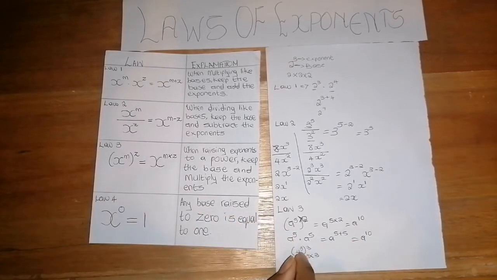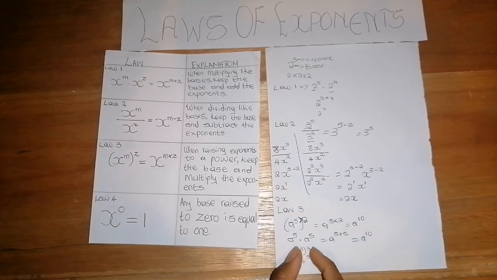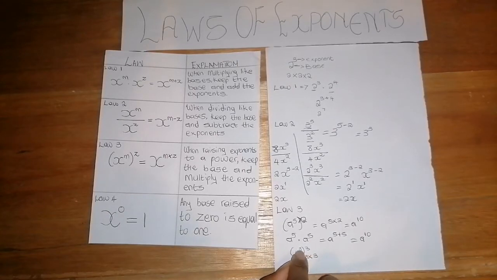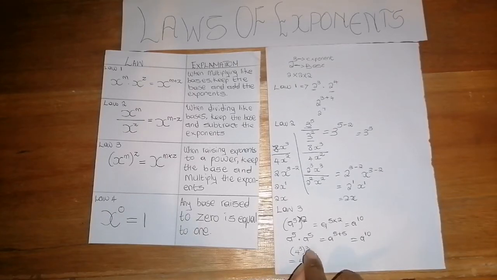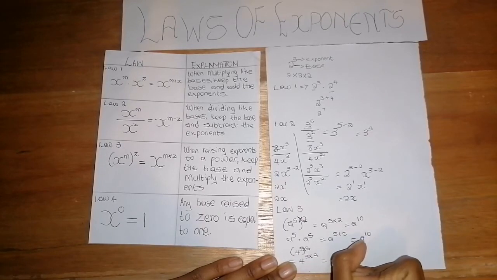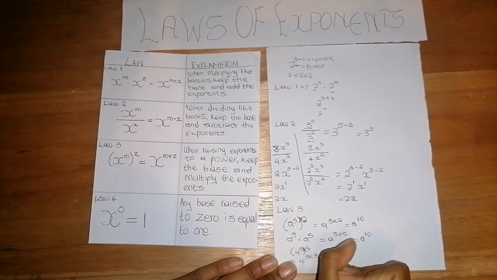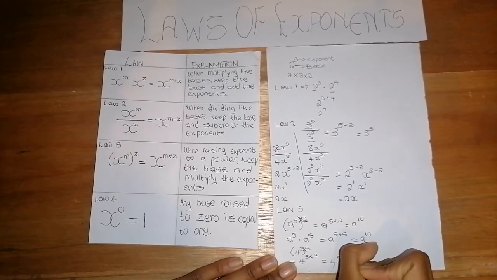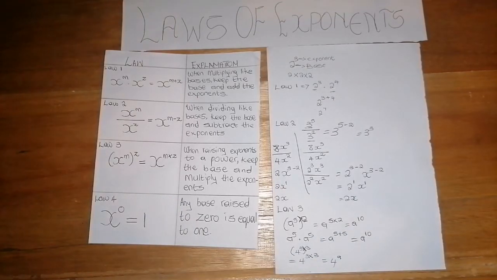As you can see, this term, which already has an exponent, is raised to another exponent. So this law tells us that these two exponents must multiply. We keep the base and multiply the exponents: 3 multiplied by 3 is 9, so we get 4 to the exponent 9.